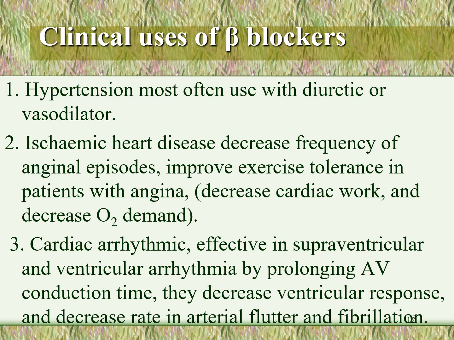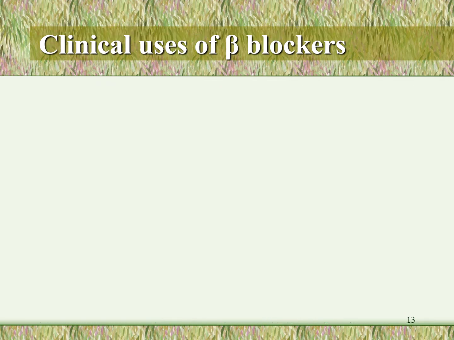They are effective by prolonging the AV conduction time, slowing the conduction through the AV node. They decrease the ventricular response and decrease the rate in atrial flutter and atrial fibrillation, not arterial, atrial.